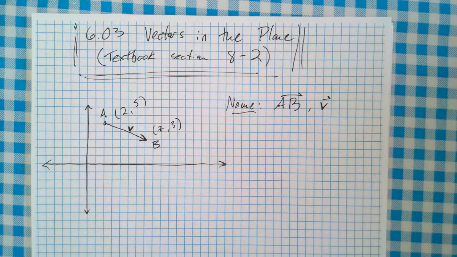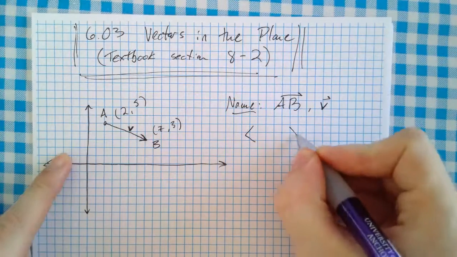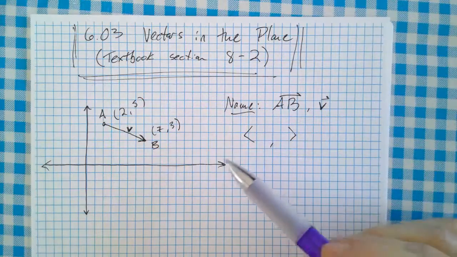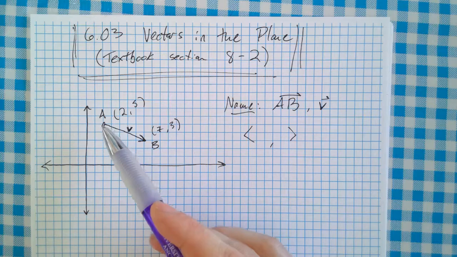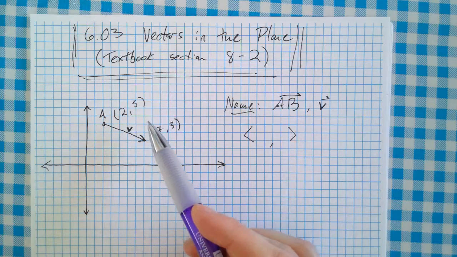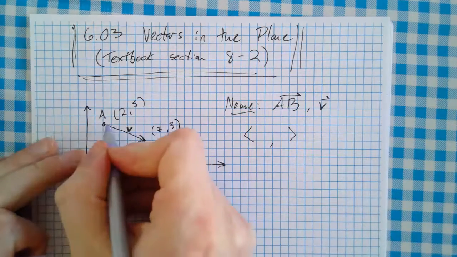The next thing we need to do is write this thing in component form. In component form, this vector has an x and a y component. It's got an x component, which is how far the particle travels in the x direction, and a y component, which is how far the particle travels in the y direction.